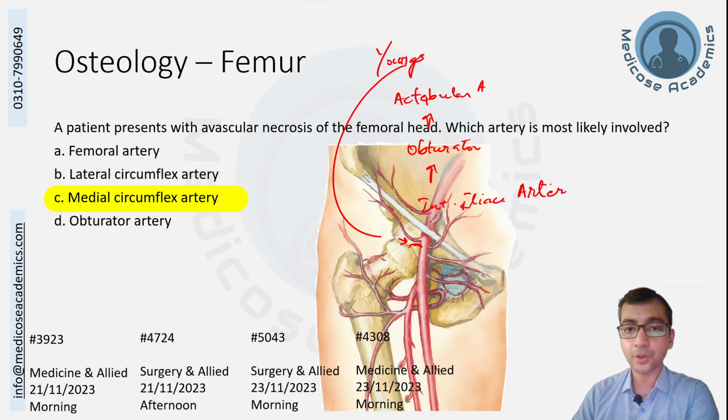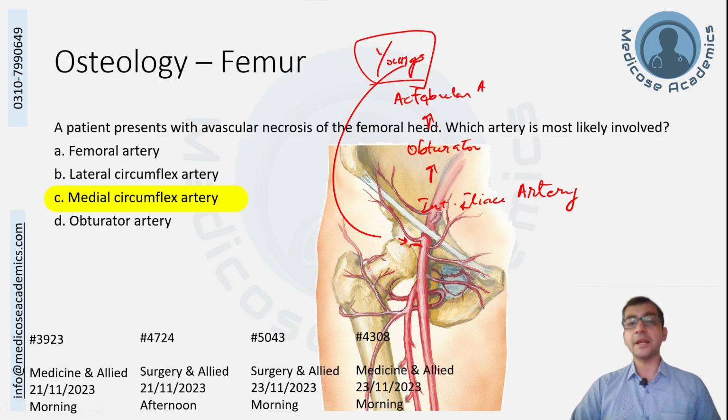Usually you are asked a question regarding the adults, because in adults this fracture is very common, but if you are given a question about a young person, it has an additional supply of acetabular artery. So in children, the neck of femur fracture does not result in avascular necrosis.